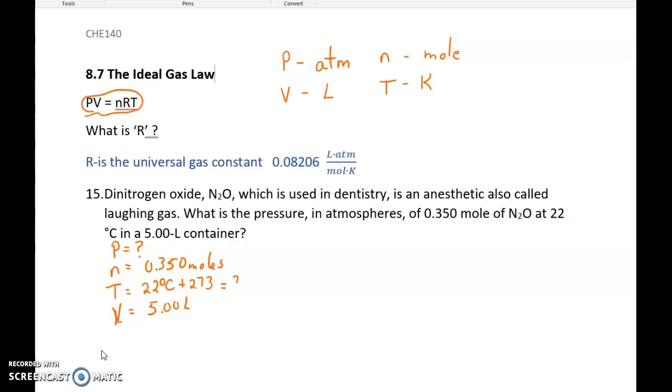So this is 295 Kelvin. All right. And R, I already told you, will always be this number, 0.08206. And this is liter atmospheres per mole Kelvin.